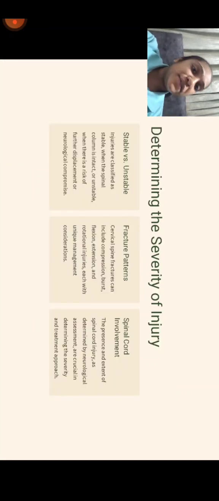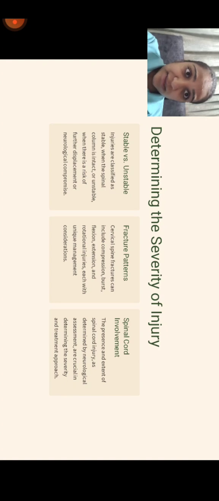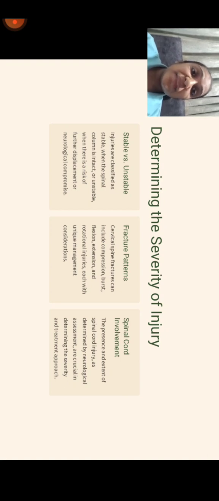Determining the severity of injury: stable and unstable, fracture pattern, spinal cord involvement. In stable and unstable, injuries are classified as stable when the spinal column is intact. When unstable, there is a risk of further displacement or neurological compromise.